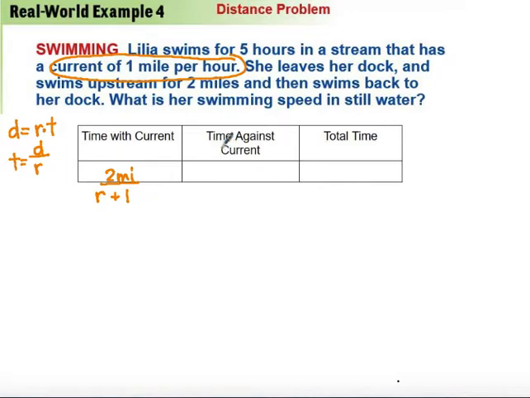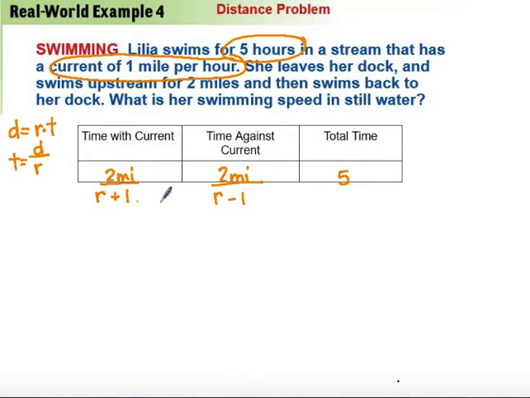When she goes against the current, she still has to go 2 miles, but this time it is going to hurt her. It's whatever her rate is minus that 1 mile per hour. And then we know that she swims for a total of 5 hours, so that's going to have to equal 5.